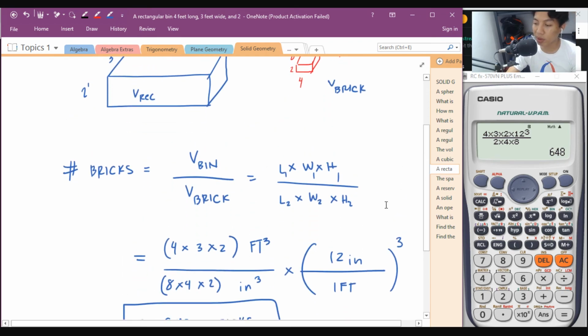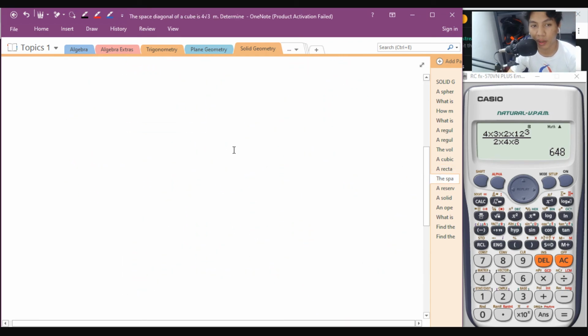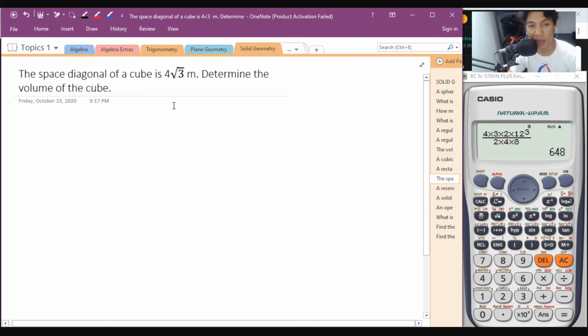Next one, for the final one. The space diagonal of a cube is 4 square root of 3. Space diagonal, ha? Okay, ito yung cube mo. Drawing natin ulit. Maganda binivisualize natin para dali natin kagad.